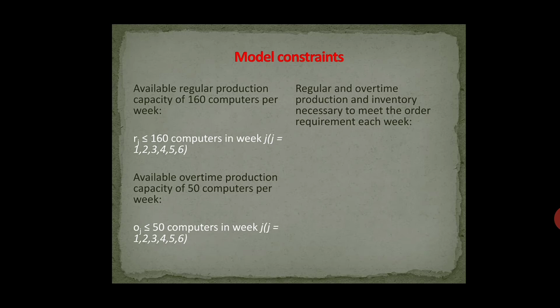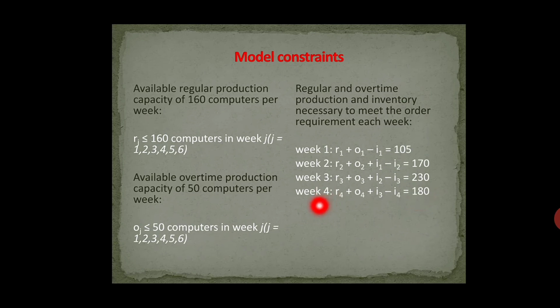Regular and overtime production and inventory necessary to meet the order requirement each week, where for week 1, R sub 1 plus O sub 1 minus I sub 1 is equal to 105. For week 2, R sub 2 plus O sub 2 plus I sub 1 minus I sub 2 is equal to 170. For week 3, R sub 3 plus O sub 3 plus I sub 2 minus I sub 3 is equal to 230.